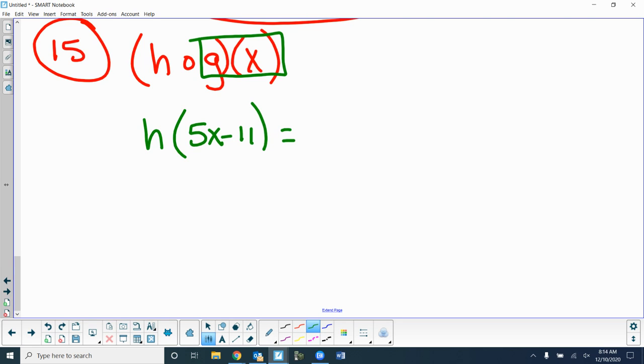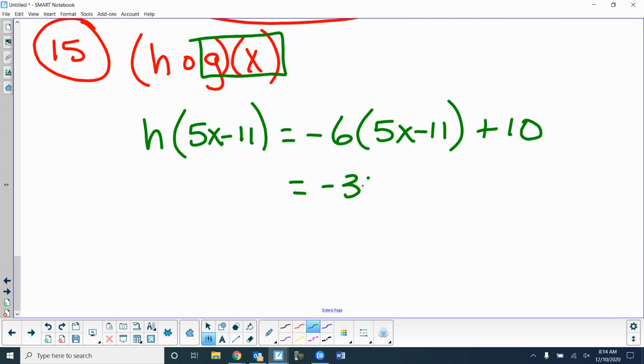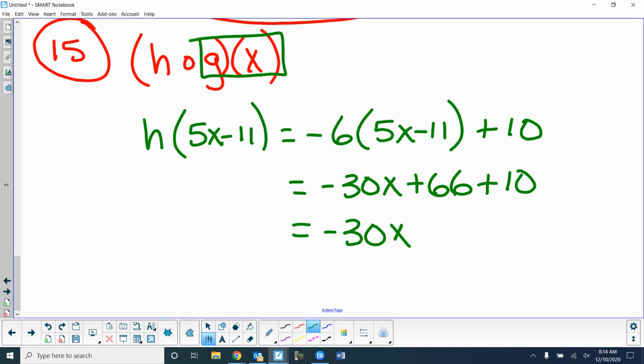And H was negative 6 times 5x minus 11 plus 10. So that's negative 30x plus 66 plus 10 is negative 30x plus 76.